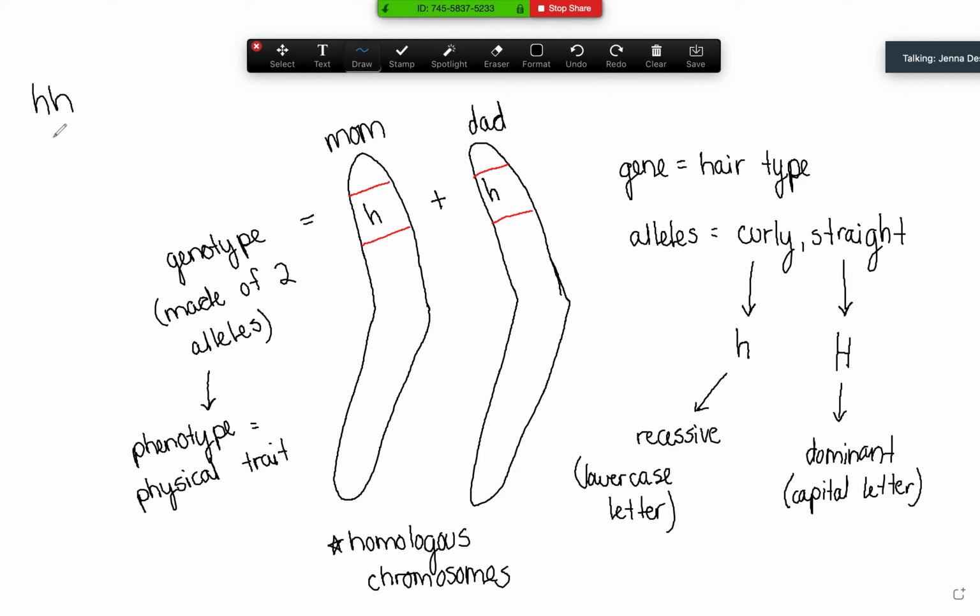And this is a case where I would have curly hair. The only time that you could have a recessive allele be actually expressed in the phenotype or physical trait is if you have two of them together. Because the dominant trait isn't coming in and taking over the recessive trait. We have two recessive alleles right here that combined to express the recessive trait, which happens to be curly hair. Okay? Hopefully this makes sense.